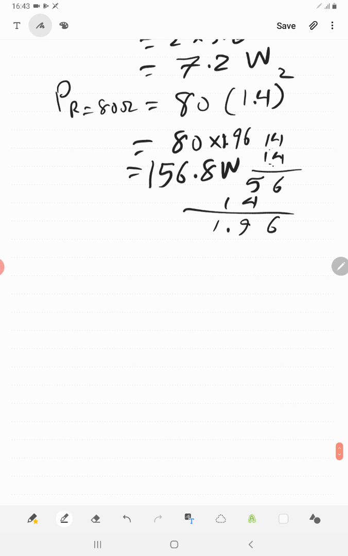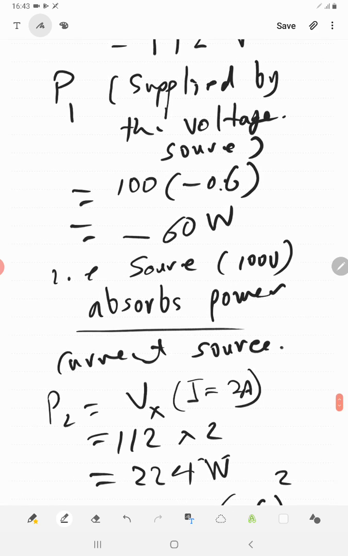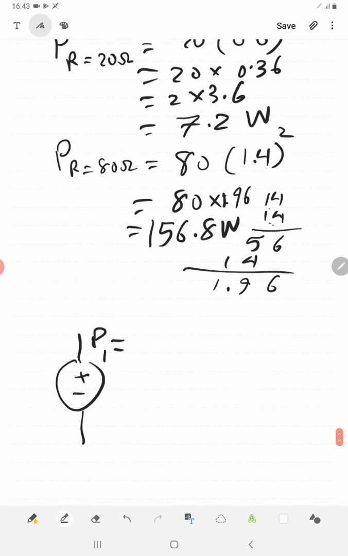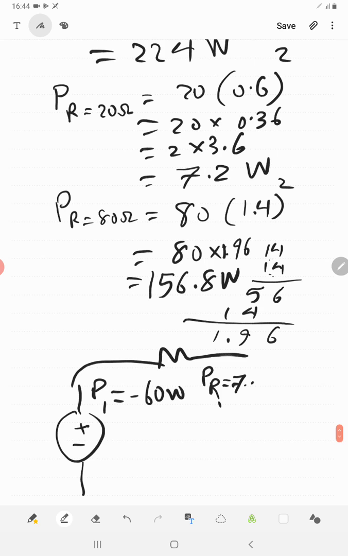Now what we have: source 1 takes P1, which is negative, minus 60 watts. And the resistor R1 of 20 ohms takes PR1 equal 7.2 watts. And we have a current source here that supplies P2.